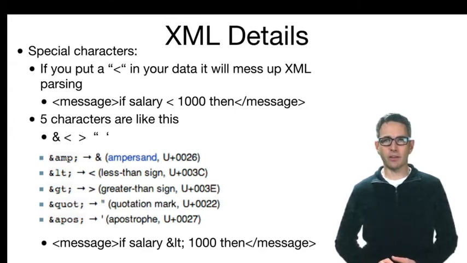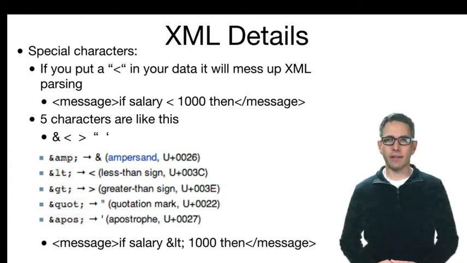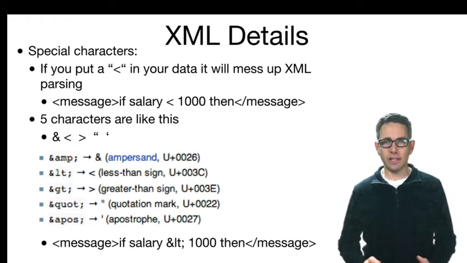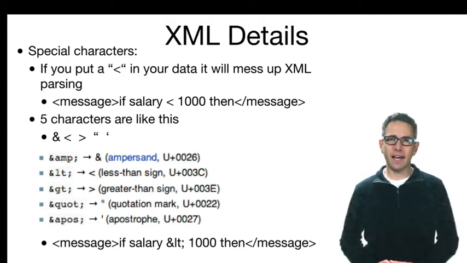There are some special characters in XML that you have to be careful of. For example, if you actually want to have a less than symbol as part of the data associated within a tag, for example, you wanted a paragraph in HTML and you wanted a less than in it, you have to do something special because if that less than symbol is read by the XML parser, it's going to be interpreted as the beginning of a new tag.